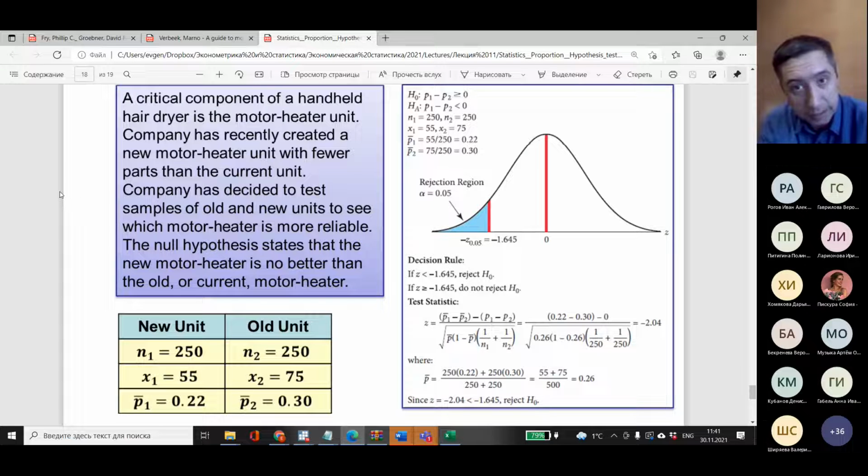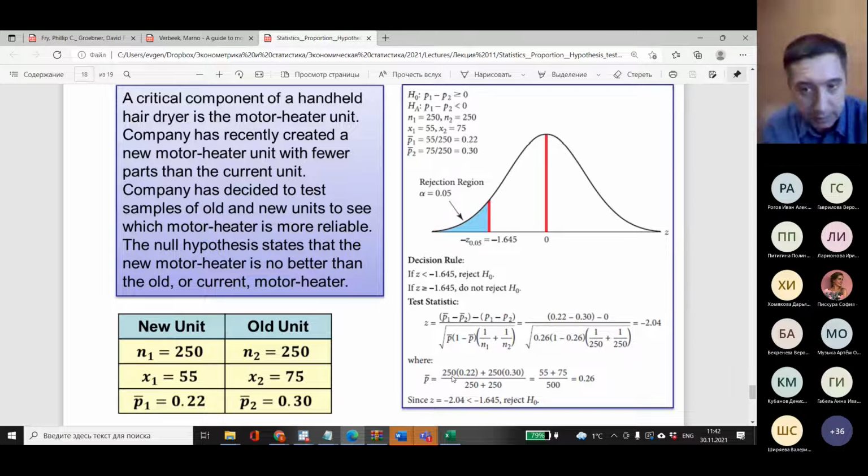I asked whether the second proportion is greater than the first proportion. To do this, we have to calculate the pooled proportion first. It is here. I recommend you to start with the pooled proportion because you have to use it in the estimation of that statistic.